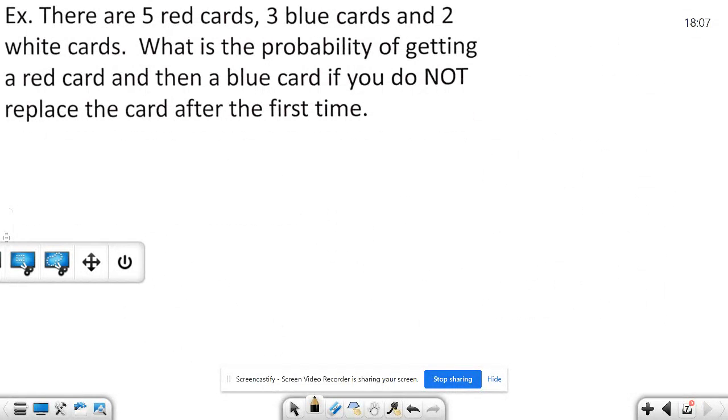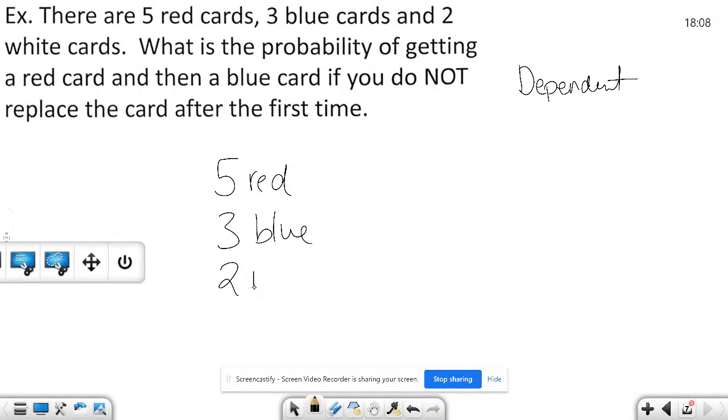All right. Another compound event that could happen is something that is dependent on what happened in the first situation. So it is called dependent. So that means that when I do the second thing, it's dependent on whatever happened on the first thing. So there's still 5 red cards, and there are 3 blue, and 2 white.